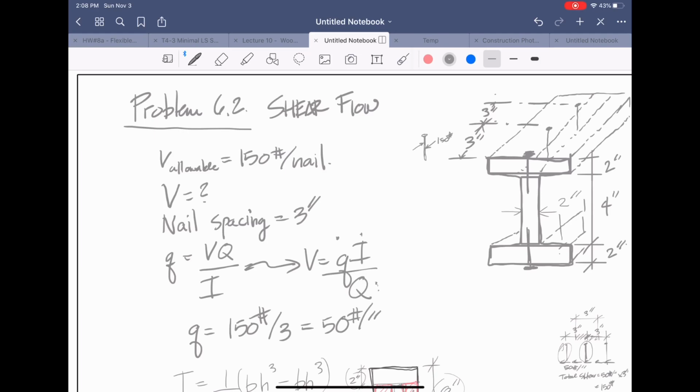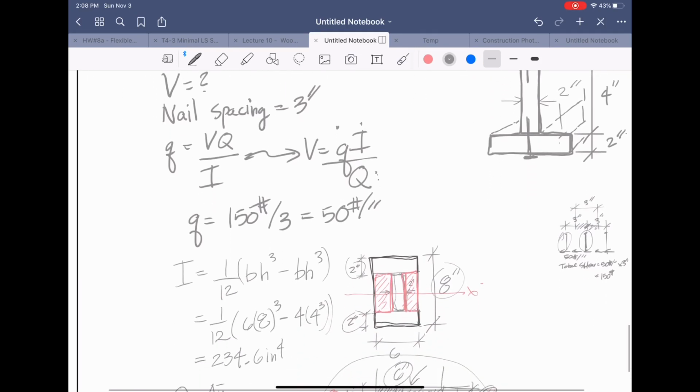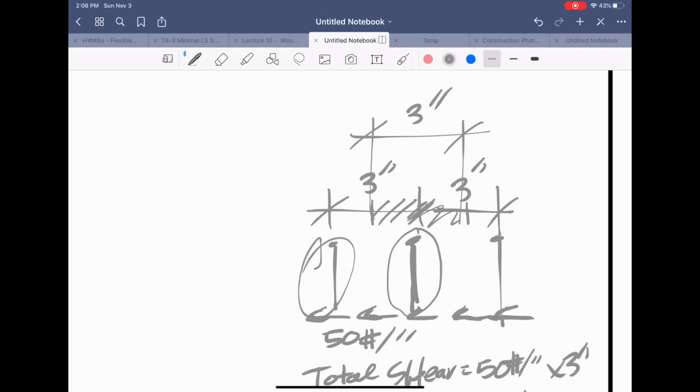Then you've got to know what the spacing is, because the spacing relates to the shear flow. Here's our nail. There's a constant flow of shear going, and tributary to that nail is 3 inches, right? Total 3 inches. Honestly, it doesn't really matter.